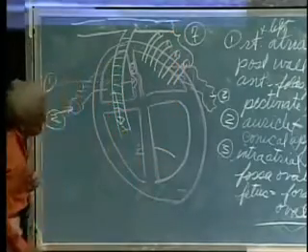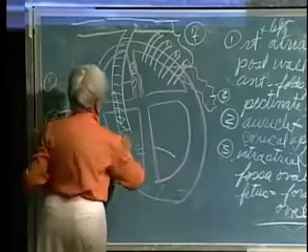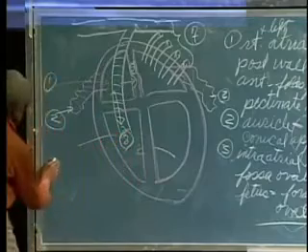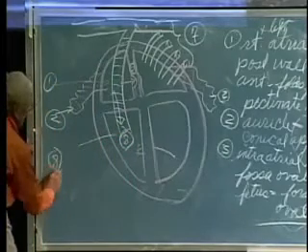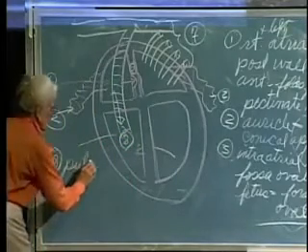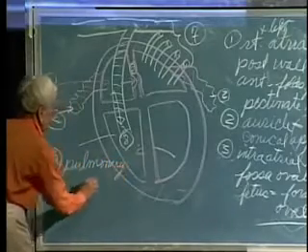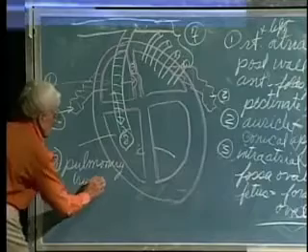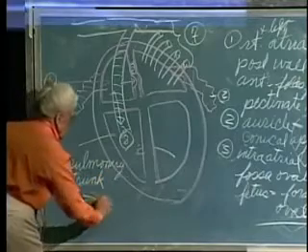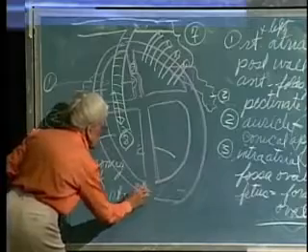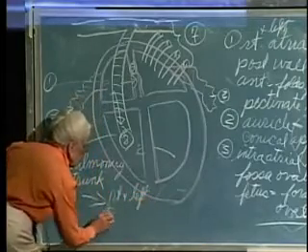So we have 8, a pulmonary trunk, and will divide into a right and left pulmonary artery.